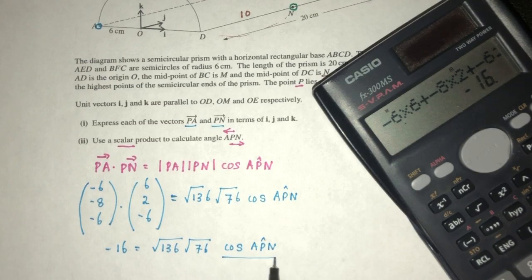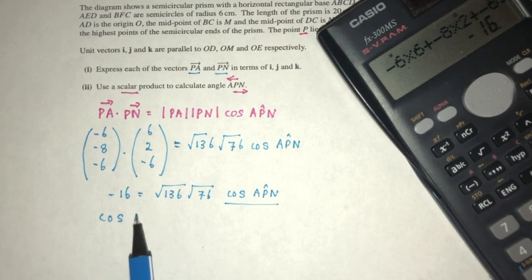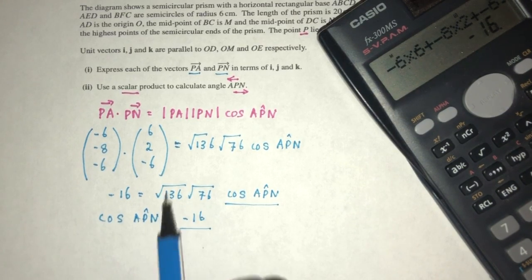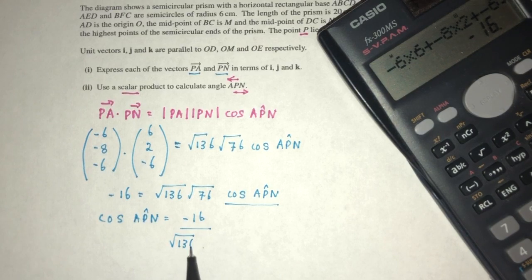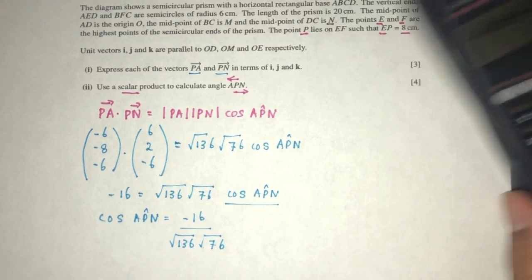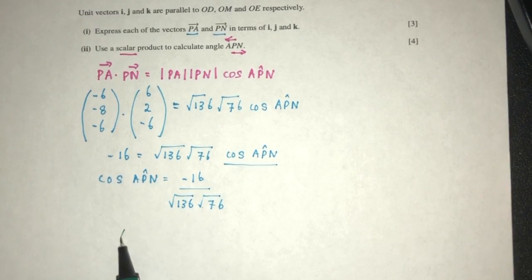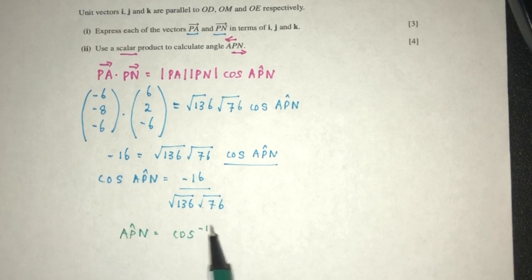Now we have to make cos the subject, so cos of APN is equal to -16 divided by root of 136 times root of 76. And then the last step is pretty simple. We just have to find the angle. APN will be cos inverse of this whole thing.